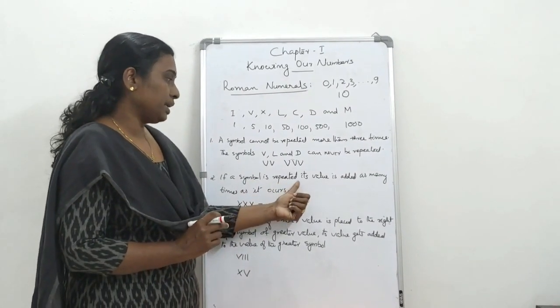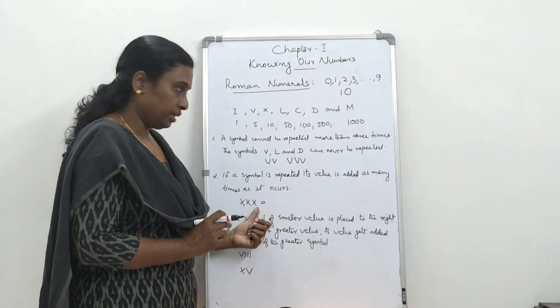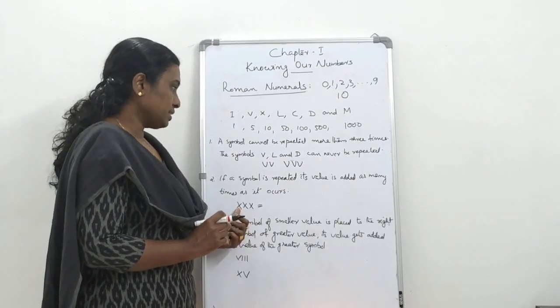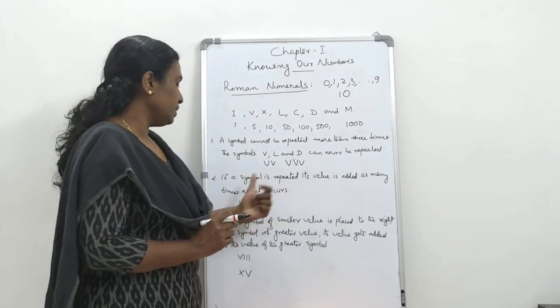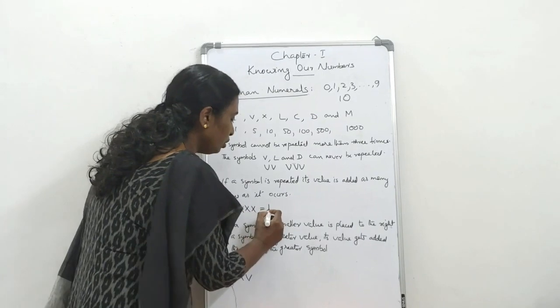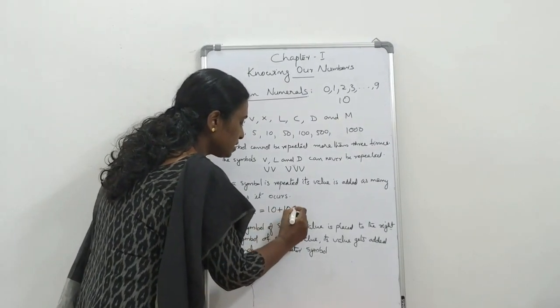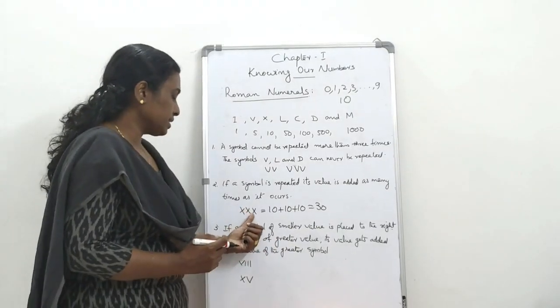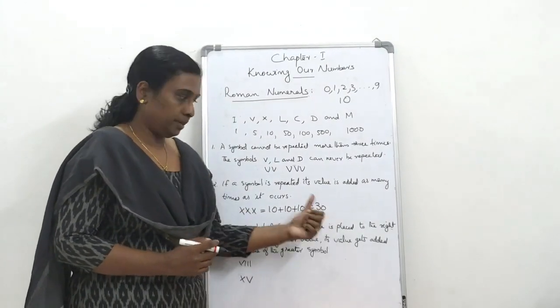The value of X is 10. Its value is added as many times as it occurs. It occurs 3 times. So, 10 plus 10 plus 10 equal to 30. So, X X X represents the number 30.